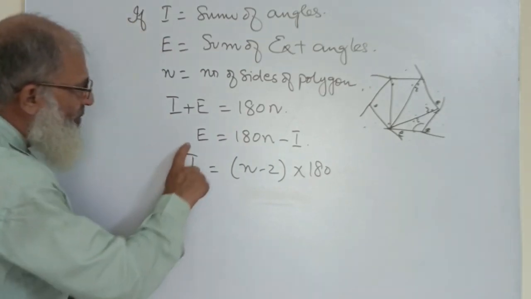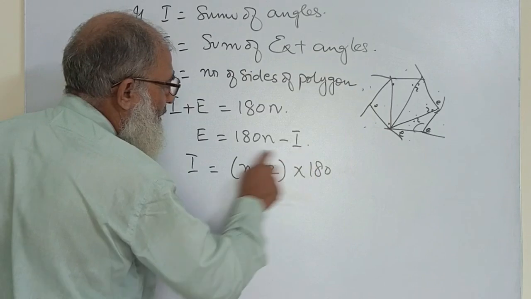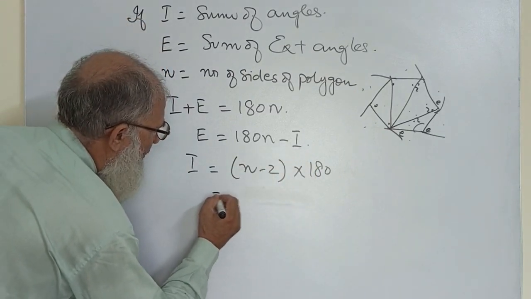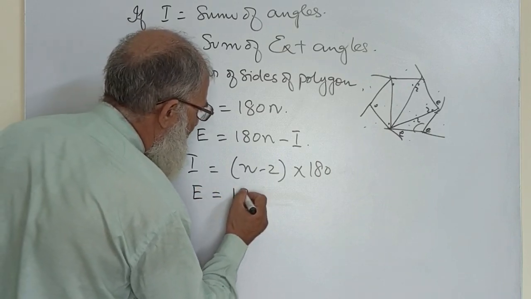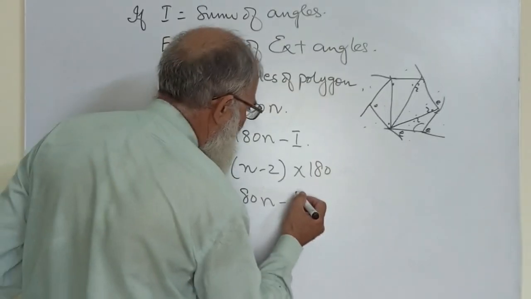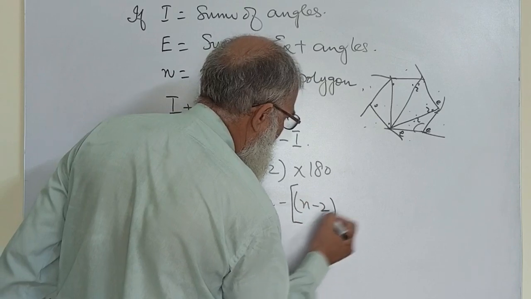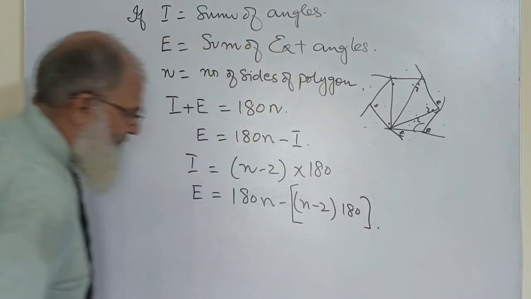So if I substitute this I into this equation, what will happen then? E is equal to 180 n minus n minus 2 multiplied by 180.